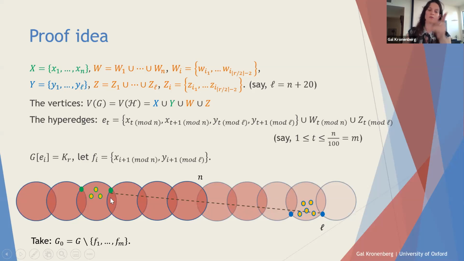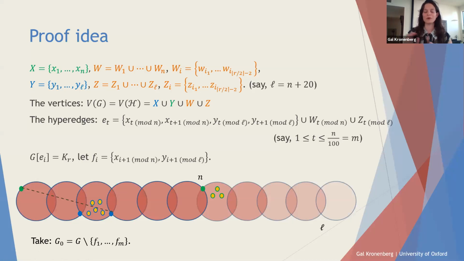So this blue vertex will jump to the beginning. Now the only missing edge is this one, and I can continue this process, and I can do it many times. How many times? I claim that I can do this a linear number of times, and in each iteration a linear number of edges get infected, and this is where I get this quadratic bound.